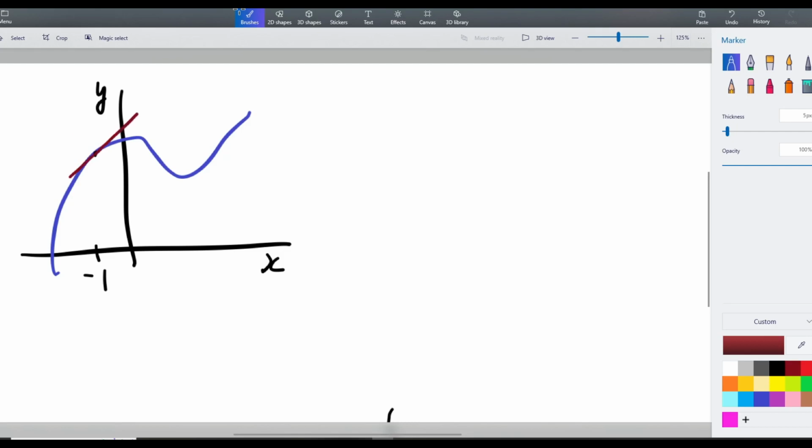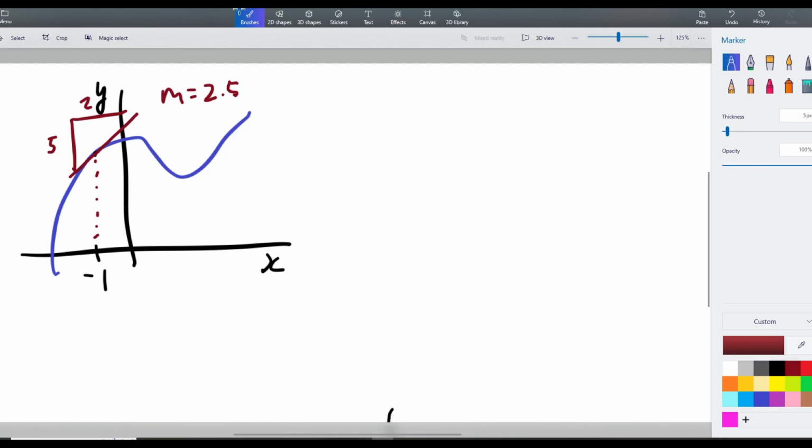Its slope is 2.5. So it goes, what, up 5 and over 2, that kind of thing. So we just need to know at what point on this function is the slope at -1 equal to 2.5.